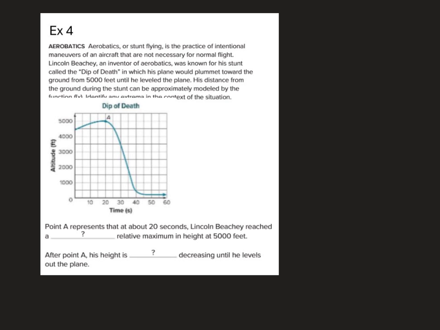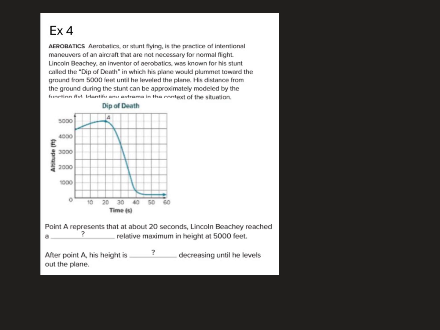So point A represents that at about 20 seconds, Lincoln Beechey reached a relative maximum in height at 5,000 feet. So let's see what goes there. At 20 seconds, Lincoln Beechey reached a blank relative maximum in height at 5,000 feet.